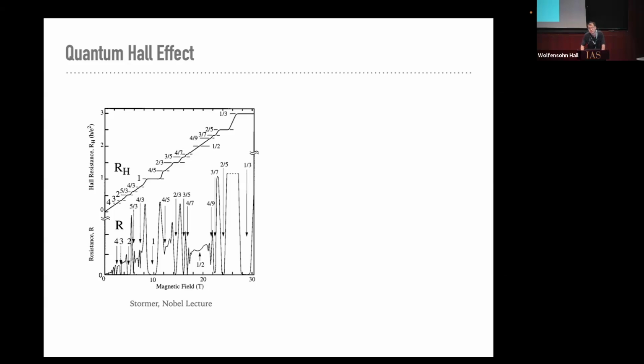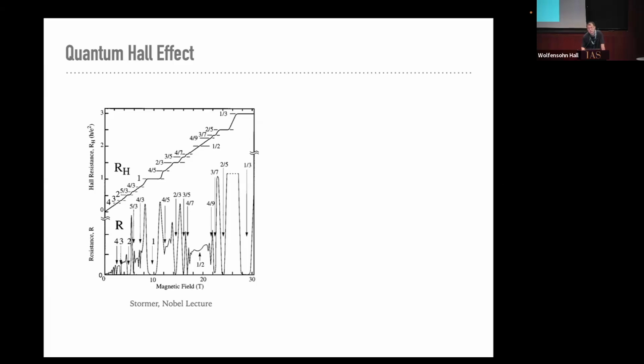This is one of the very first examples of non-trivial topology in condensed matter systems. We also notice that you have to apply a very strong magnetic field, 10, 20, 30 Tesla, to really see this phenomenon. And the sample quality has to be really high. There's a reason why people spent so long developing high quality samples.